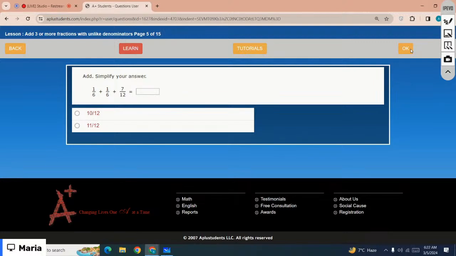Yes, that is 11 over 12. Option number 2 is the correct option.